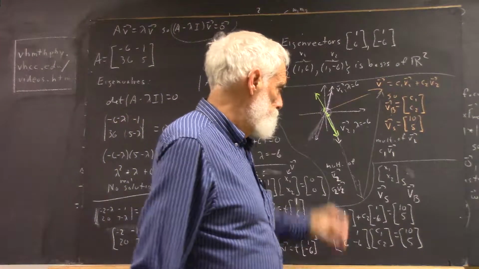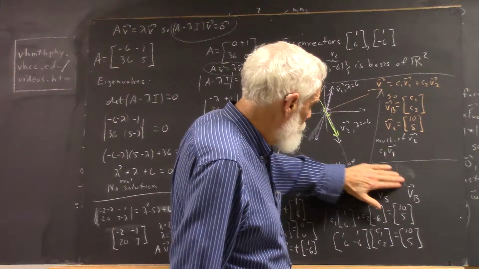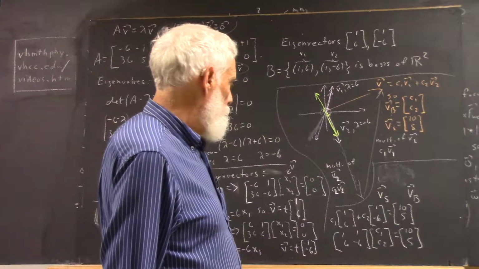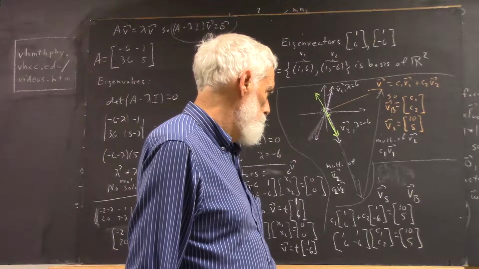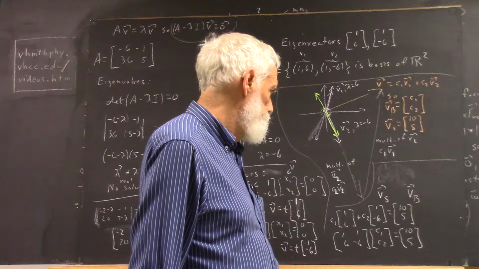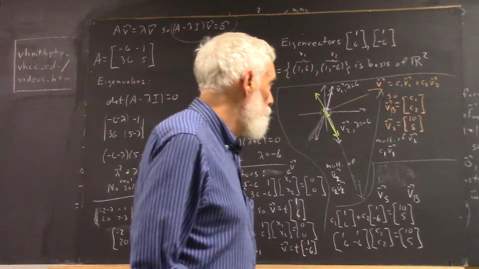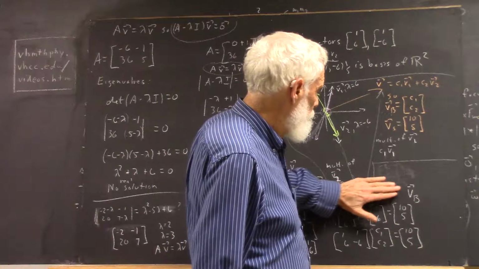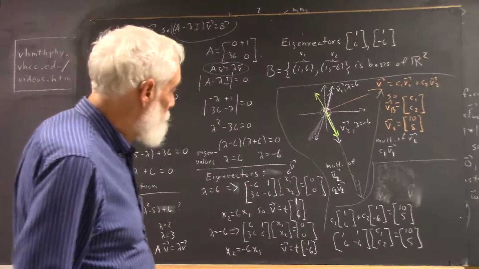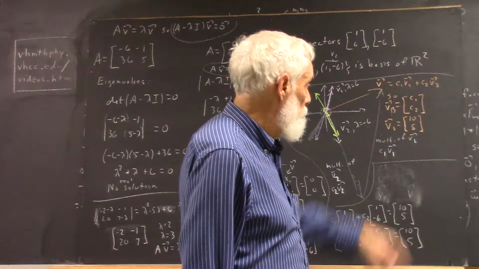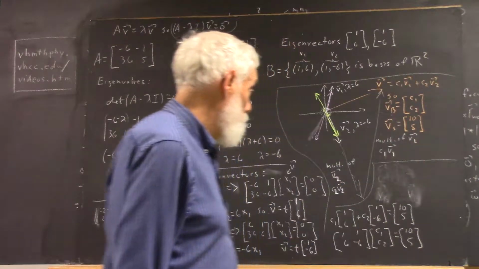Okay? Now I'm just going to erase that because I ended up not using it. Ignore the VS and VB for a minute also because they're already written up here. But to say that C1 V1 plus C2 V2 is equal to 10, 5, which we would have to do, okay?